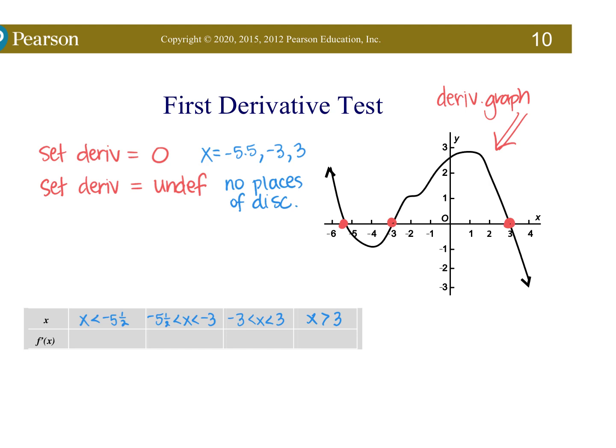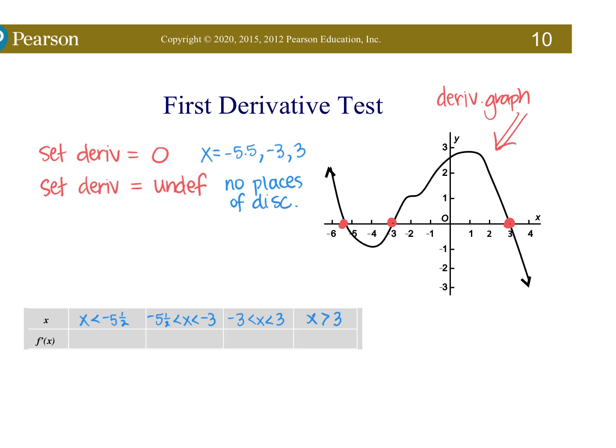As I'm analyzing this graph, I am not looking for whether the graph direction is going up or down. I'm looking at whether it's above or below the x-axis, because you're looking at a derivative graph now. We did this with velocity before. I'm not looking for the slope itself. I'm looking for whether it's above or below the x-axis.